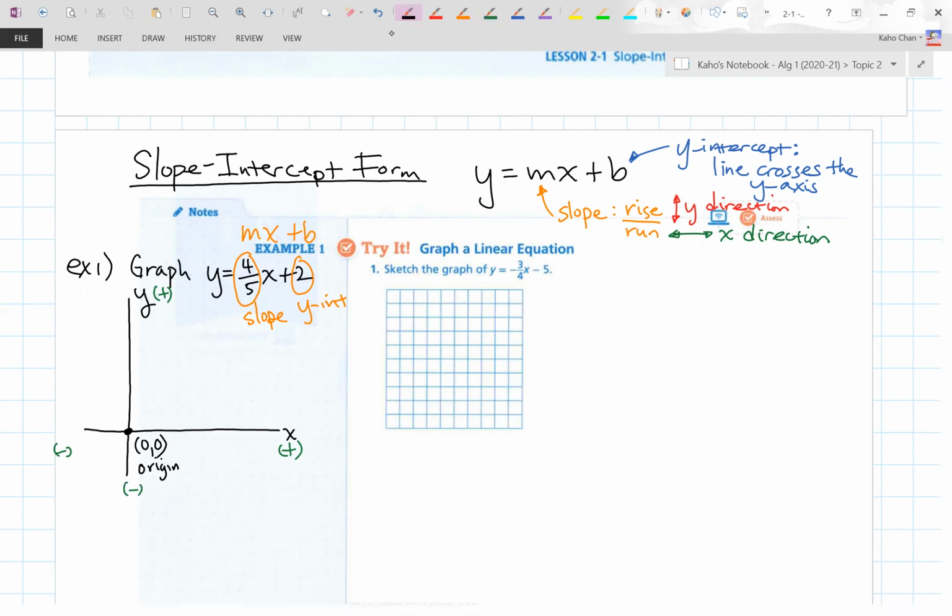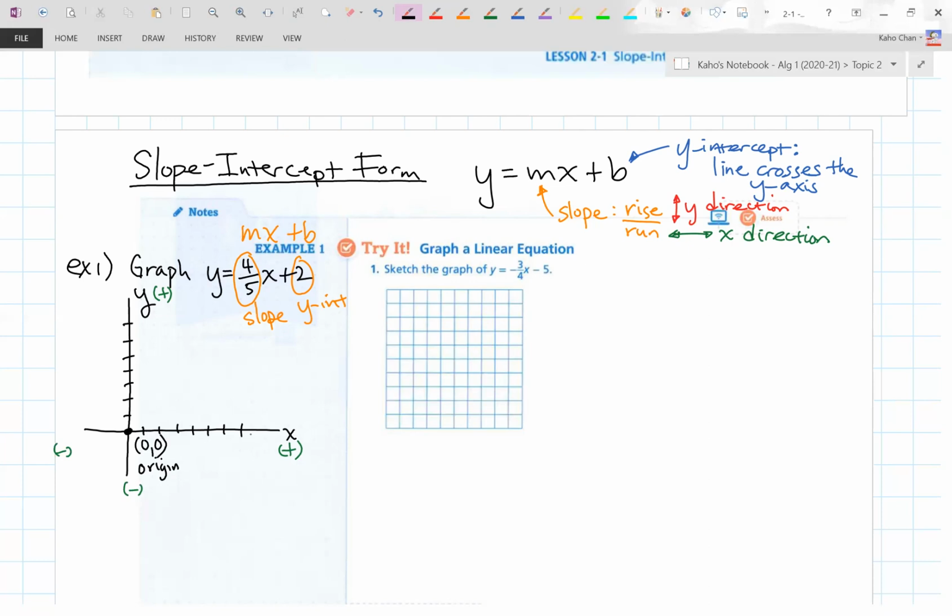Let's go ahead and put some marks here: 1, 2, 3, 4, 5, 6, 7, and 1, 2, 3, 4, 5, 6, 7. So we're focusing on this upper right-hand quadrant, separated by these axes. This is quadrant 1 in the upper right-hand part of this coordinate plane.